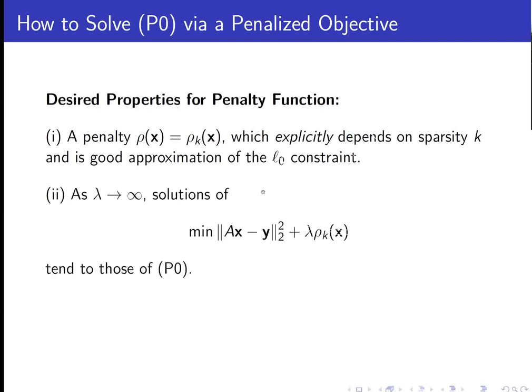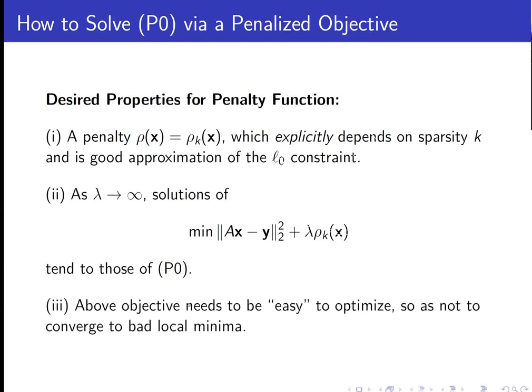In particular, we would like that if we take the penalty parameter lambda to infinity, we would recover the solutions of the original problem, okay? And it's very important, we want this penalized problem to somehow be, quote unquote, easy to optimize, maybe differentiably smooth, and things like that. So we don't want to get stuck on bad local minima.